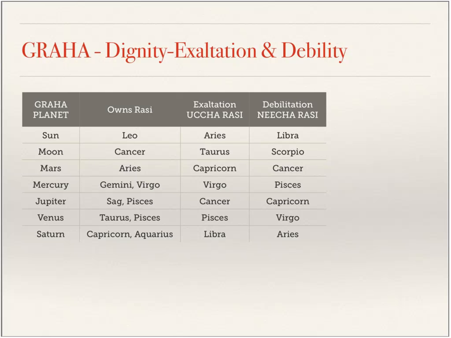Venus, that's a very sensuous planet. It aspires to all sensual pleasures. It owns Taurus and, sorry, again, I made a mistake here. It owns Taurus and Libra, not Pisces. And it's exalted in Pisces, that is owned by Jupiter.